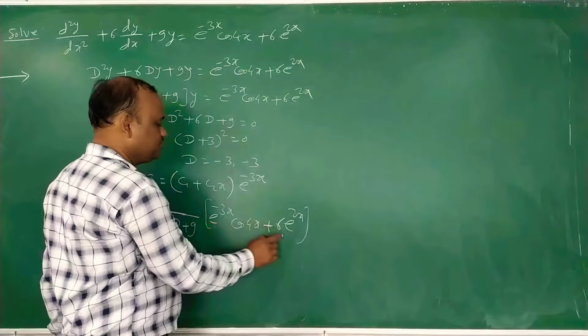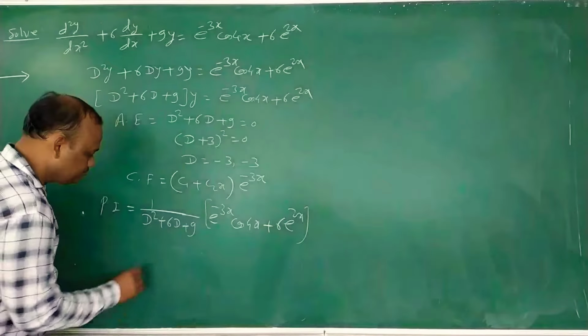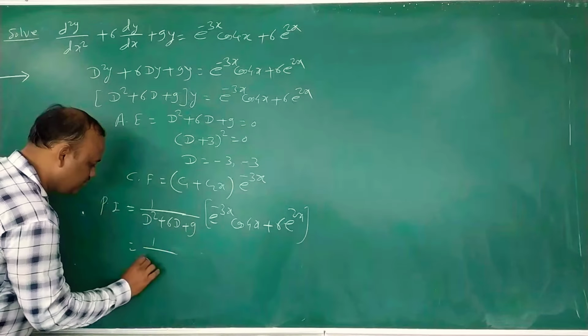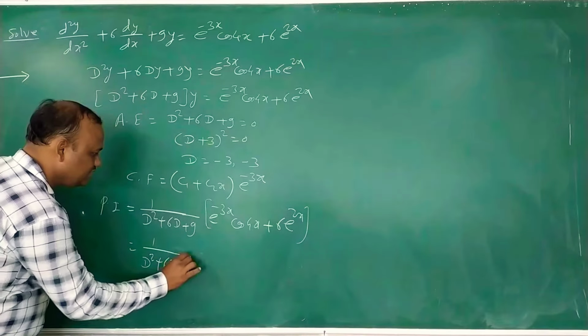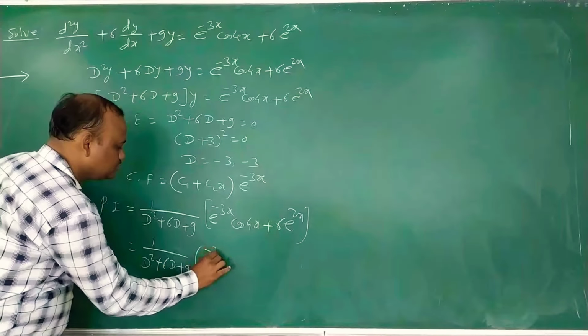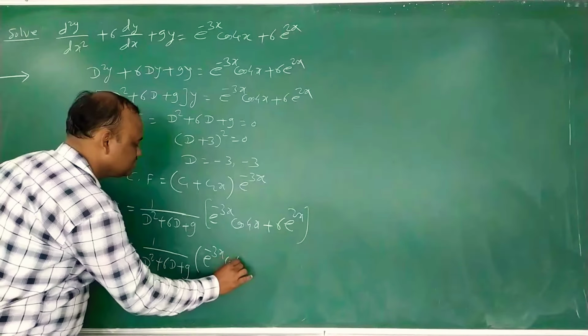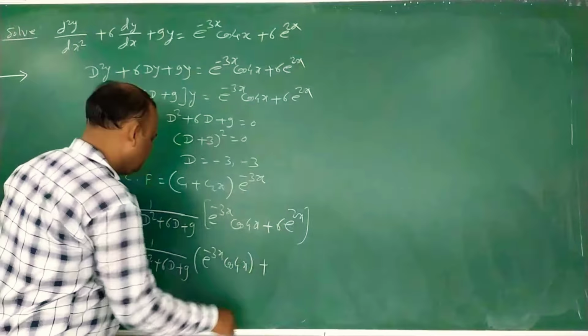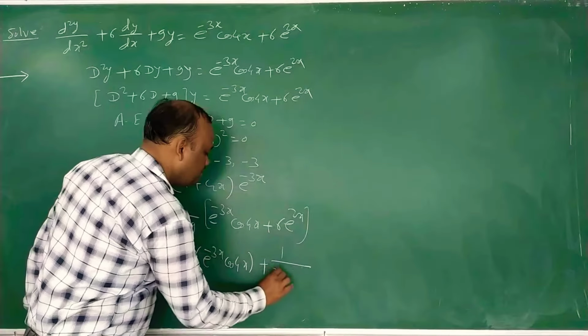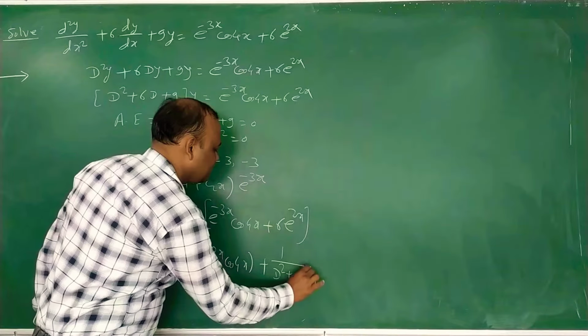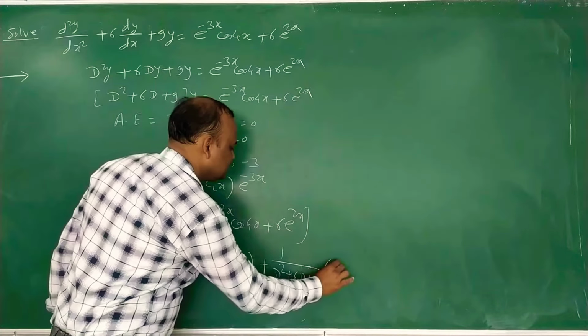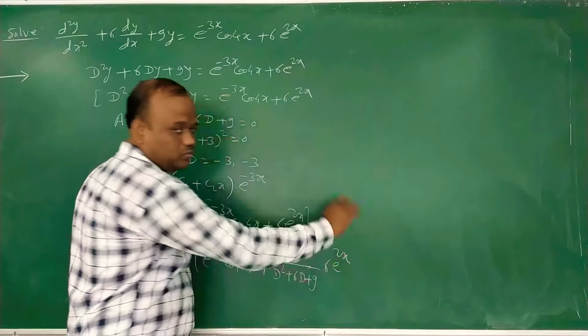Again here we have to split this problem in two parts. So this is equal to 1/(D² + 6D + 9) e^(-3x) cos 4x plus 1/(D² + 6D + 9) 6e^(2x).